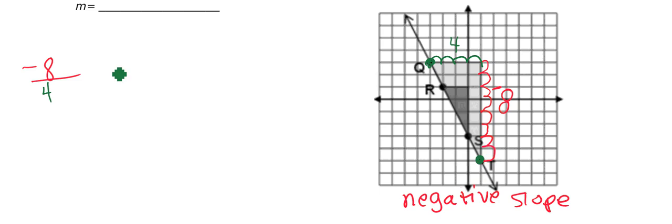So if I look at point Q, it is located at -3 and 3. And point T is located at 1 and -5.